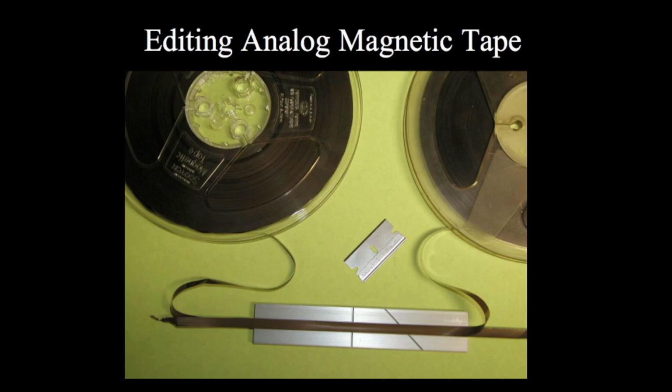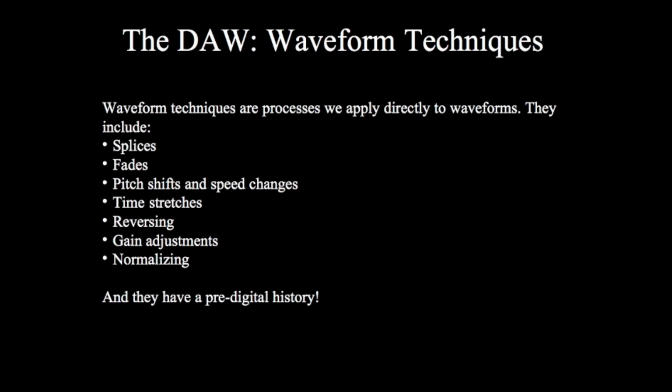So all of these techniques are actually derived directly from reel-to-reel razor blade editing, or just reel-to-reel tape editing techniques, except for normalizing. And I'll explain that when we get there. So all of these are derived directly from analog techniques, and I think that will help you as you are trying to remember the difference between the techniques and as you are practicing them yourself.